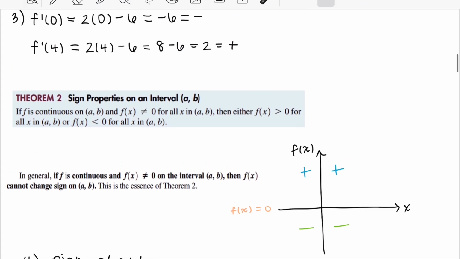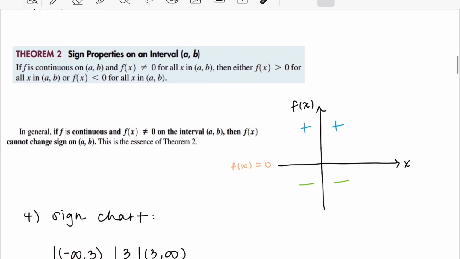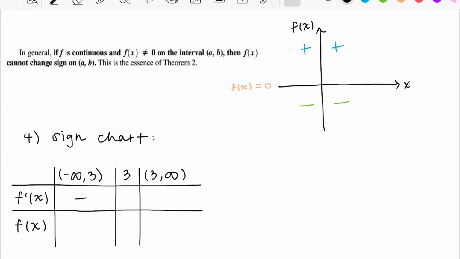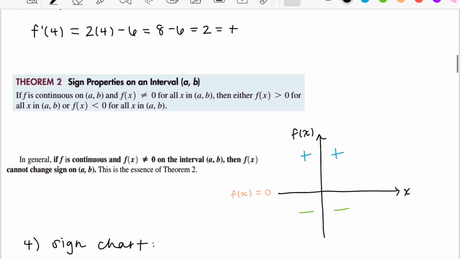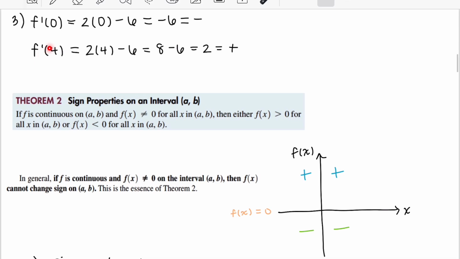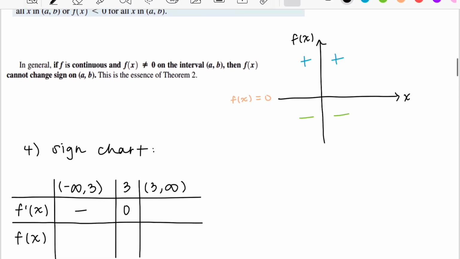And so since we know that our derivative will not change sign in this interval, negative infinity to 3, we know that it's always going to be negative here. Then we know that f prime of x when x is equal to 3 is just equal to 0. It's a partition number. And then we know that in the interval 3 to infinity, our derivative is always going to be positive and it's not going to change sign.